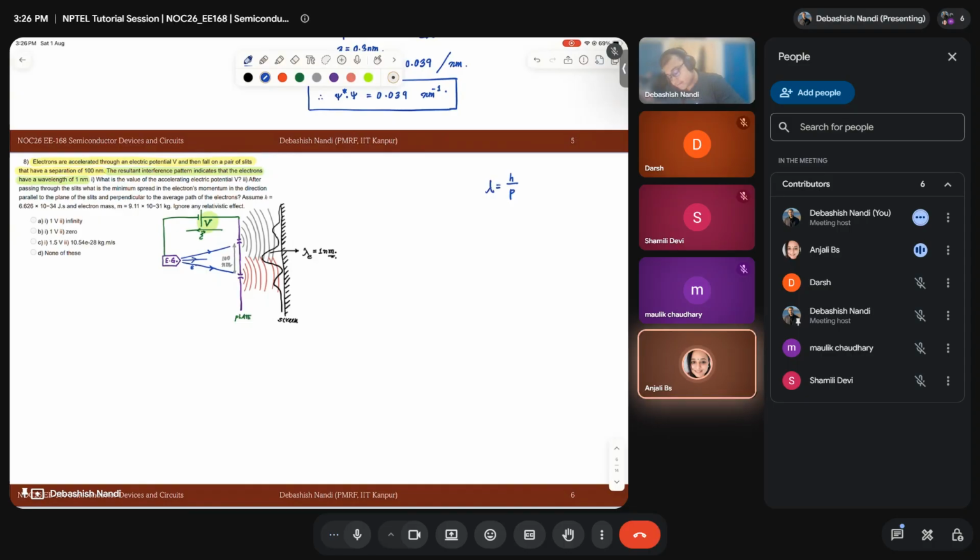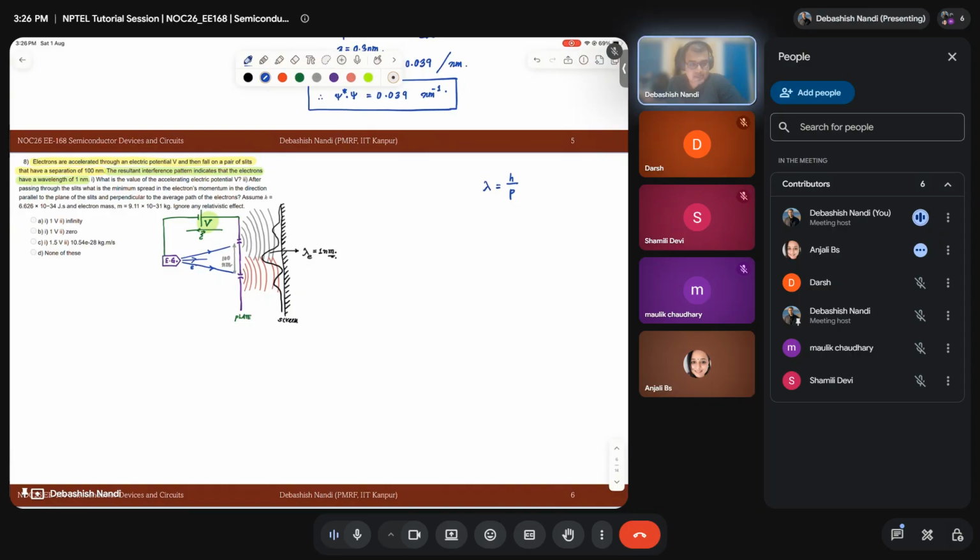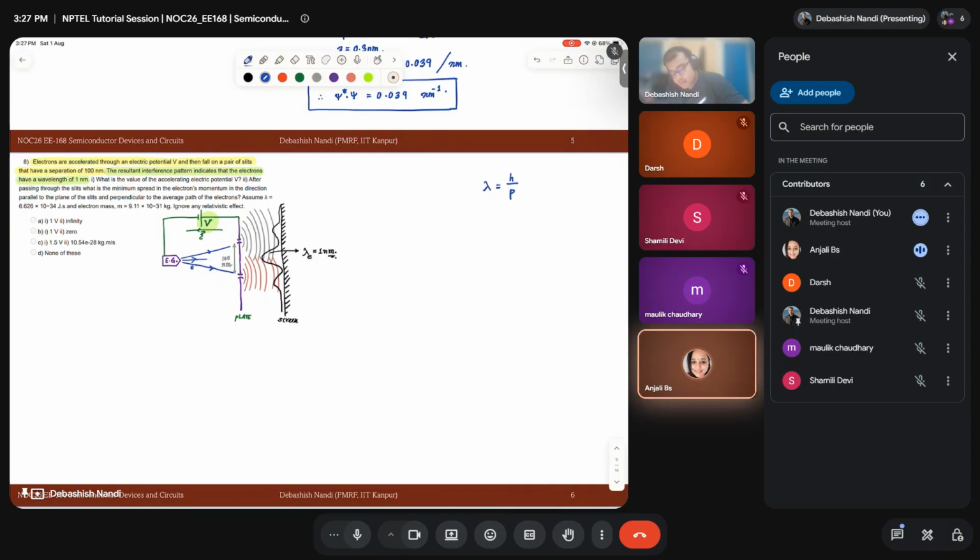We can substitute for p. Lambda is equal to h by square root of 2meV.